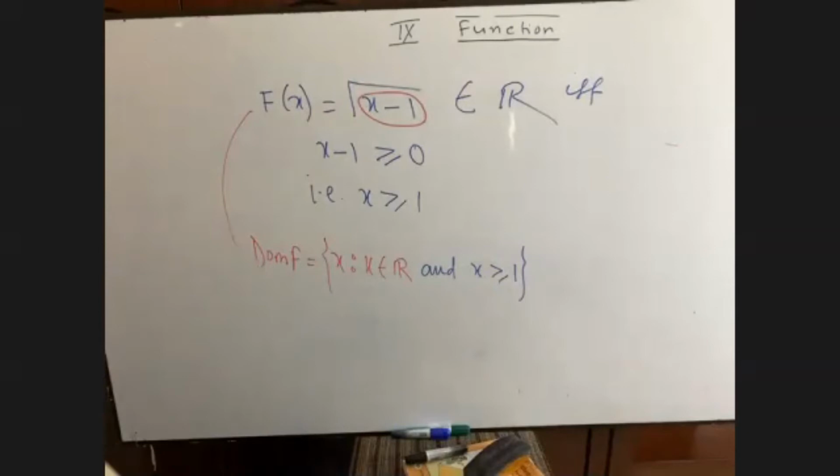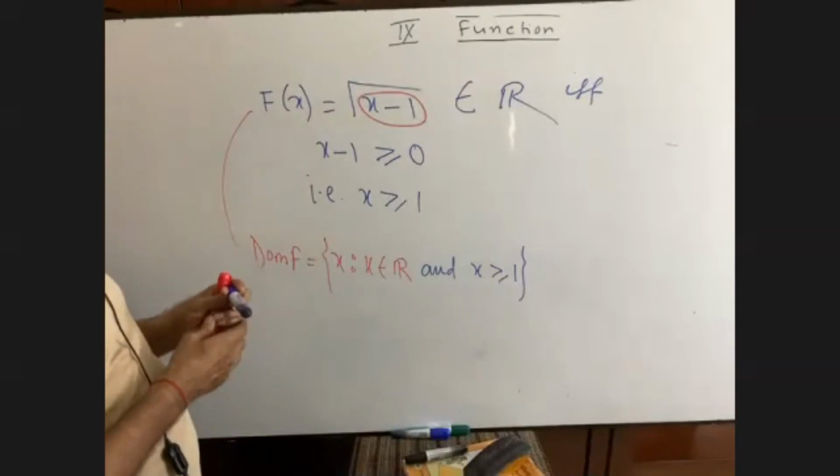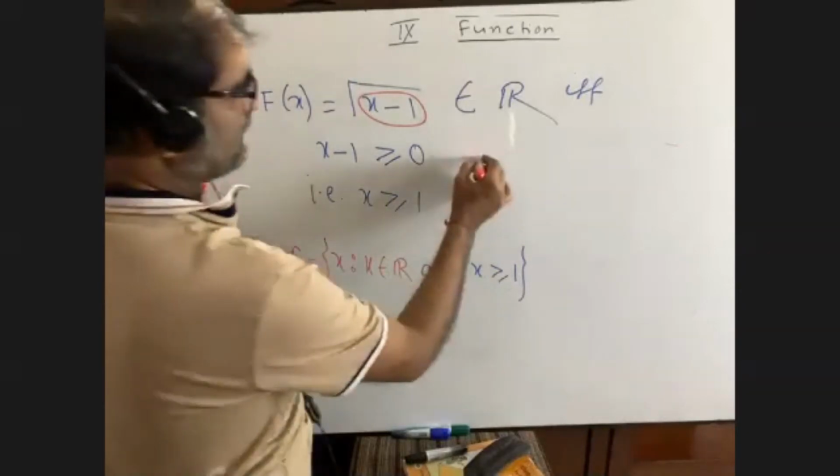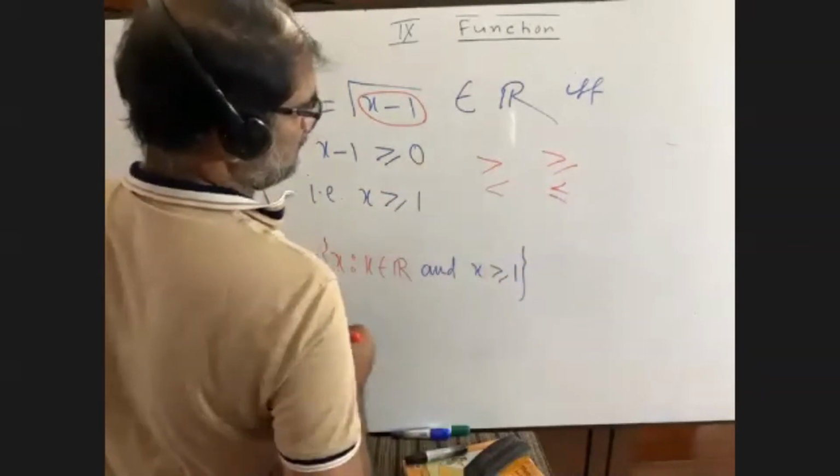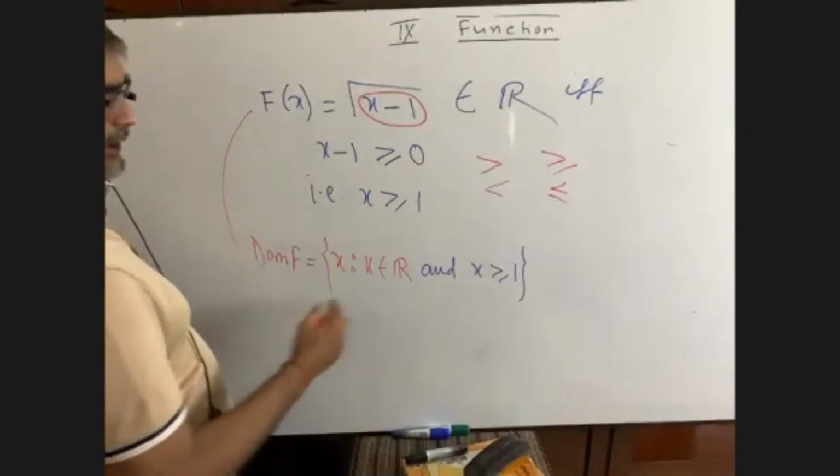This is the domain. If anywhere you see this sign, greater than or less than, or greater than or equal, or less than or equal, then your answer is to be written like this.